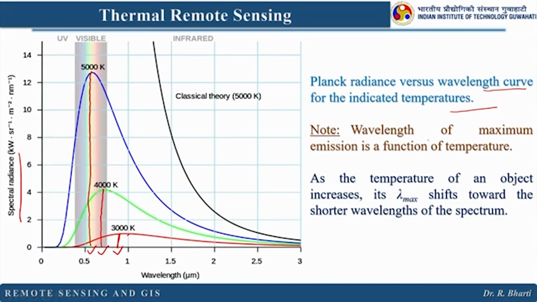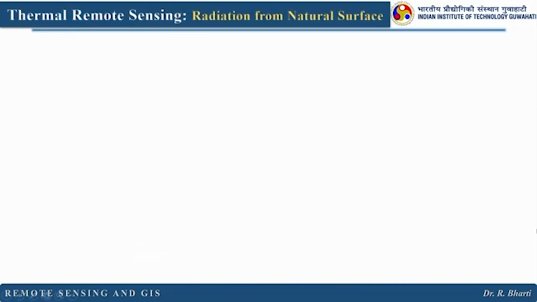Now wavelength of maximum emission is a function of temperature. This is evident from this particular curve. So 3000, 4000, 5000, as we are increasing the temperature, the lambda max is shifting to the left side, right? As the temperature of an object increases, its lambda max shifts towards the shorter wavelength of the spectrum. That I have already explained. I hope this is very clear to you, right?